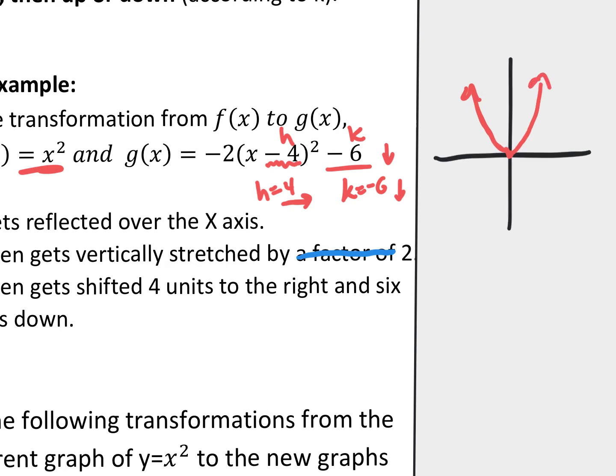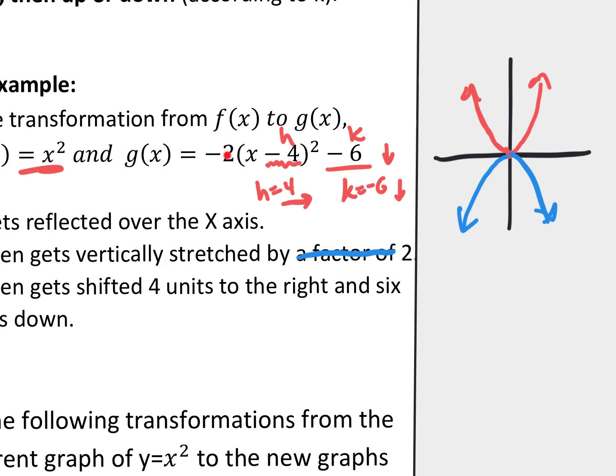So let's check out the a value is negative, which means that it opens down instead of up. So the first transformation that you see is that this parabola gets reflected over the x-axis. So it opened down instead of up, right? That's the negative sign.